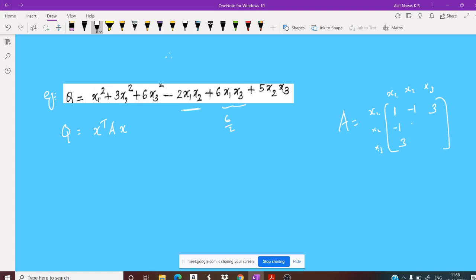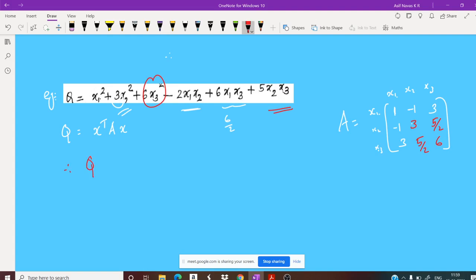This x2 square is 3, right? Now x2 x3 is this 5, so we can write 5 by 2 and 5 by 2, and x3 square, that is 6.